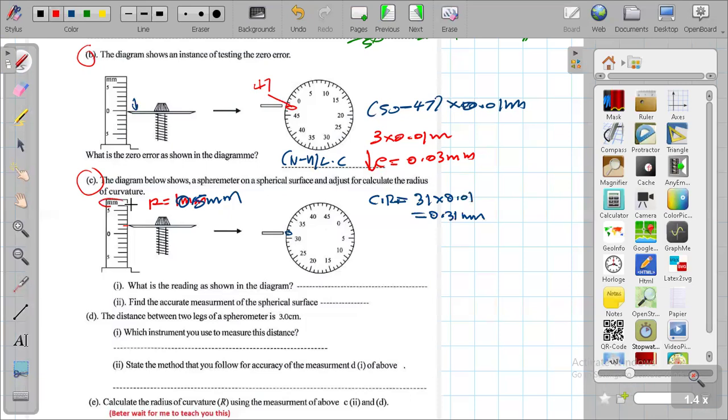Here it shows millimeter, in the description it gives 0.5. So 0.81 millimeter.